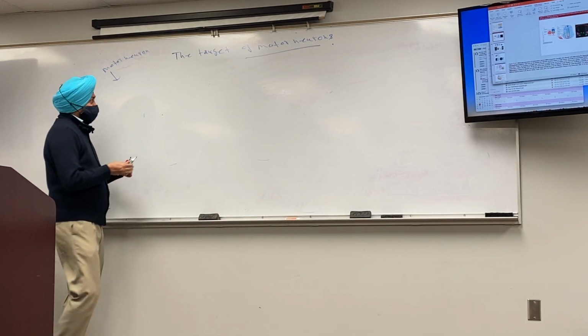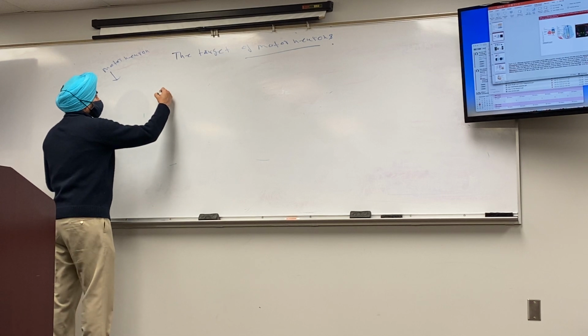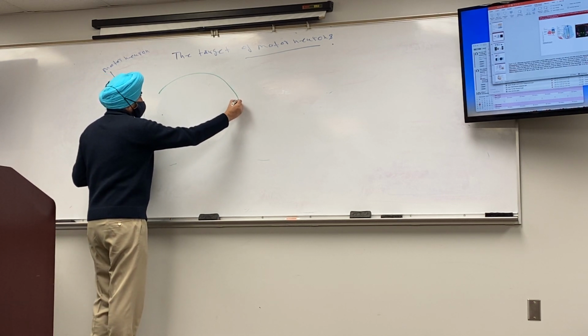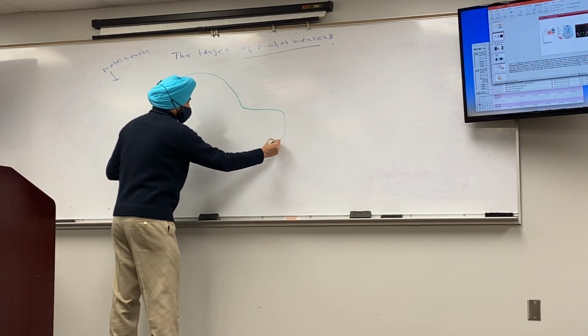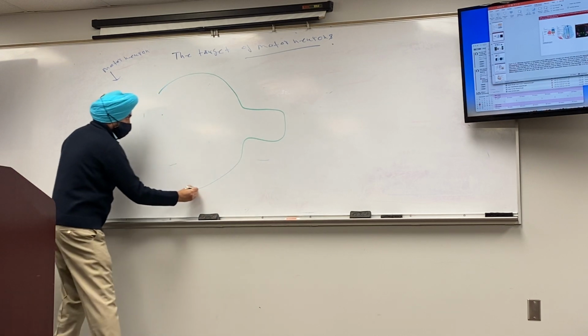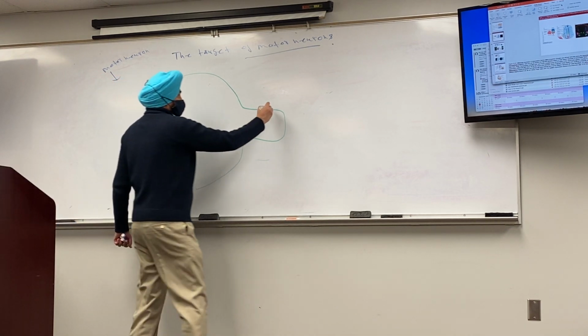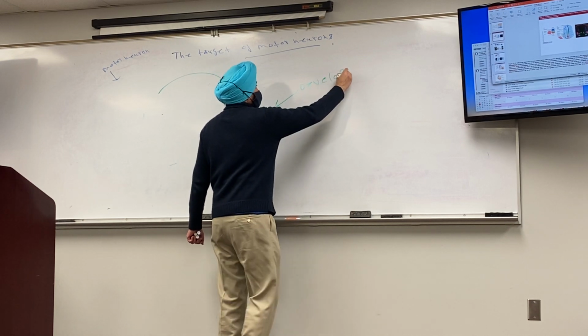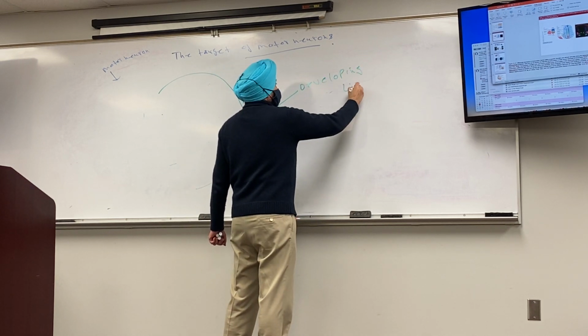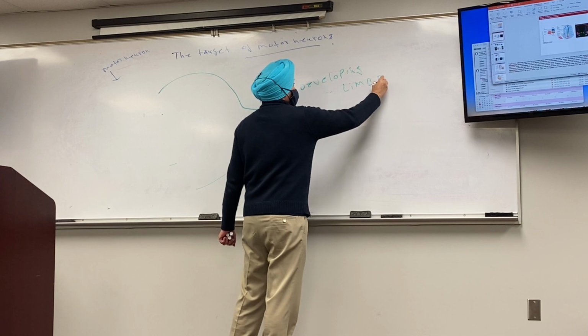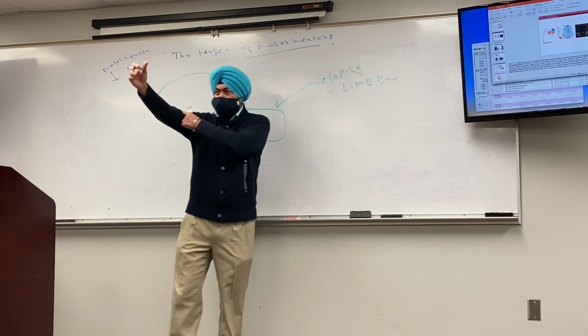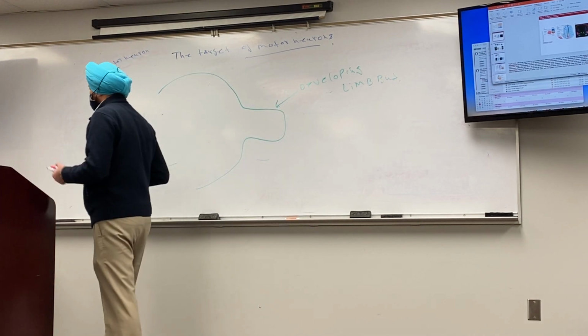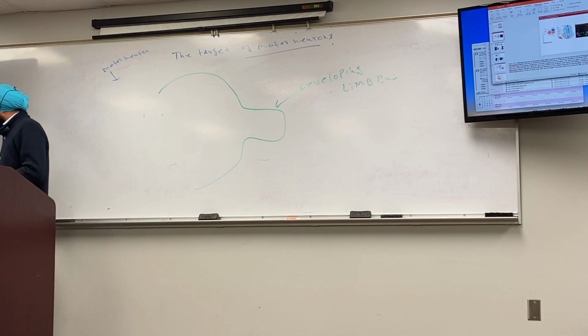Okay, now think about this. This is your developing limb bud. The limb bud is also developing as the neurons are developing, right?